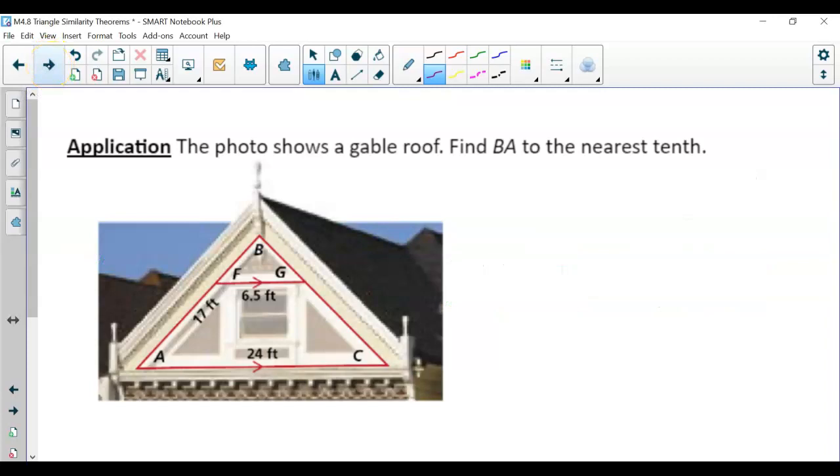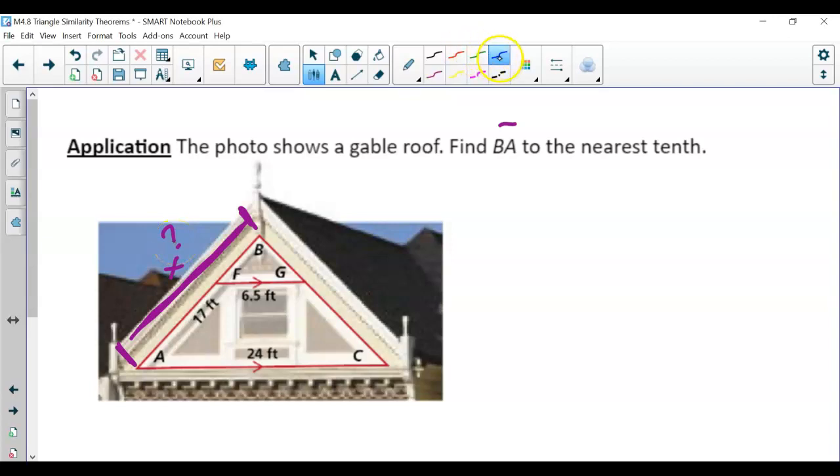So now here, going to our application piece, we are solving for BA. So notice BA is the entire side here. So we are solving for BA. That is our X, that is our unknown.